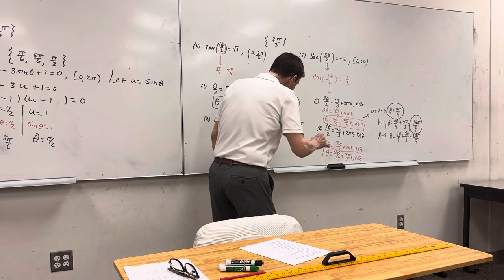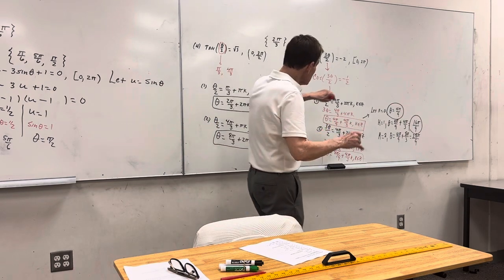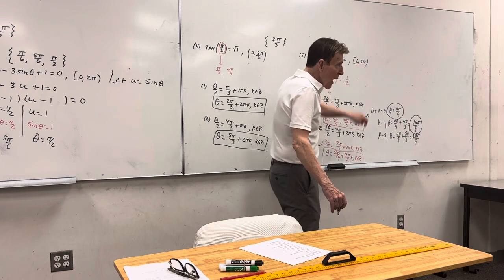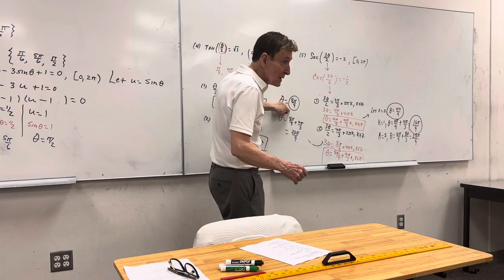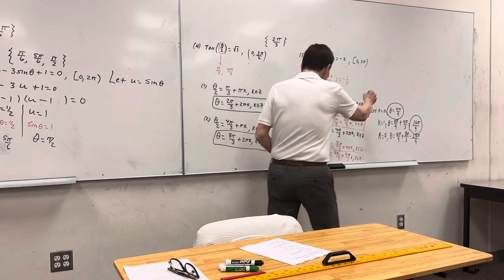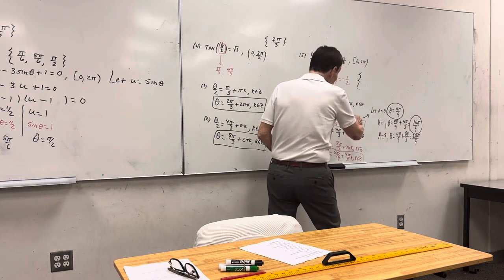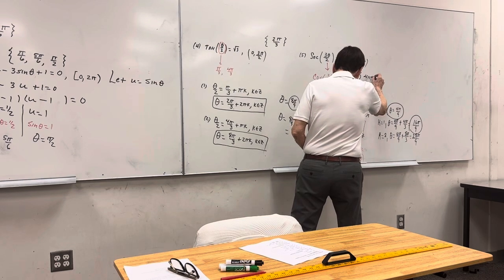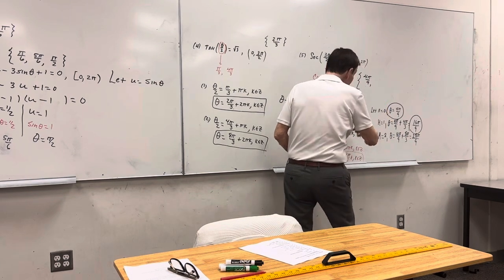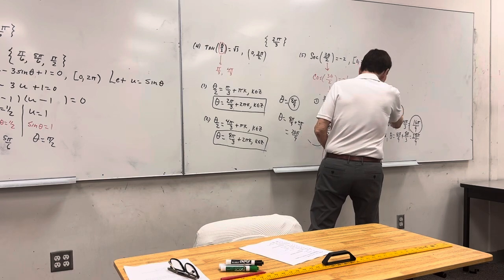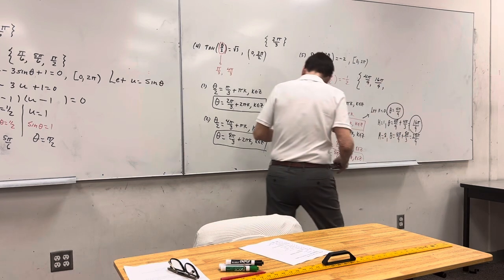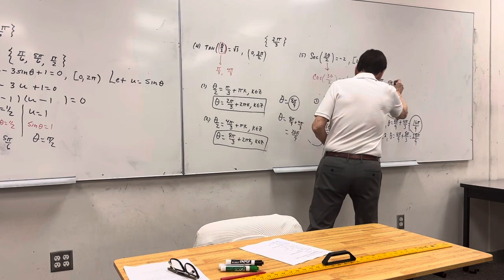Will 20 pi over 9 fit here? No, it will not. That's the last one then. So I have 3 solutions on this: 4 pi over 9, crazy business here, was that 16? Yeah, 16 pi over 9. And we finally picked up 8 pi over 9.